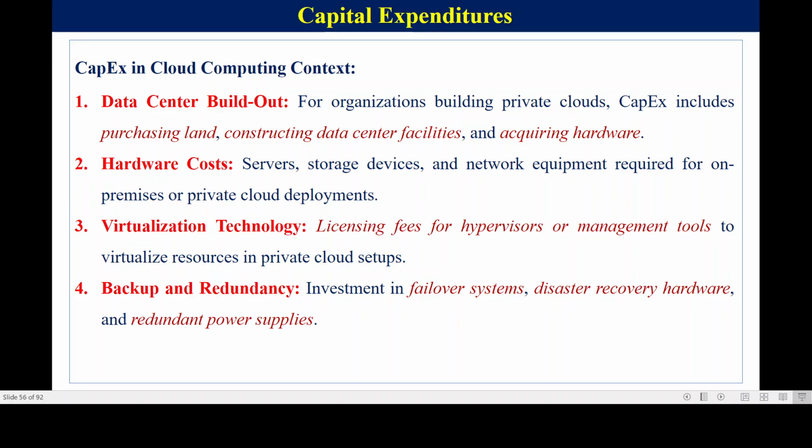And the last one is backup and redundancy. To ensure business continuity, organizations invest in backup servers, disaster recovery systems, redundant power supplies, and duplicate storage systems. Although these systems increase the initial investment, they protect businesses from data loss.